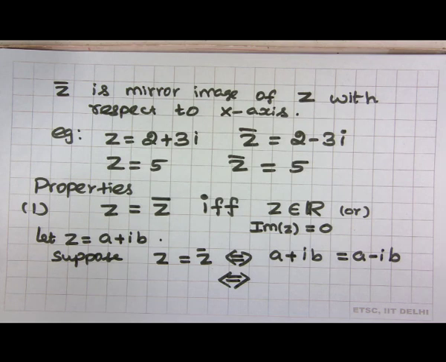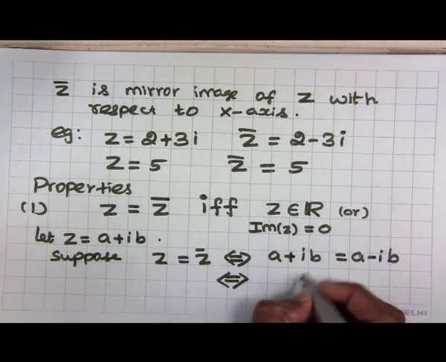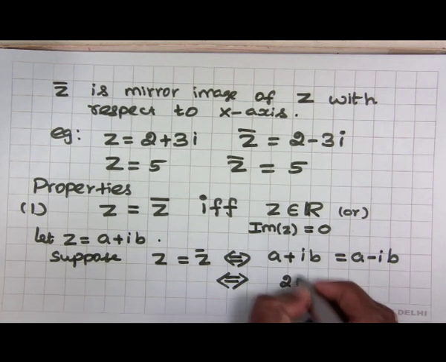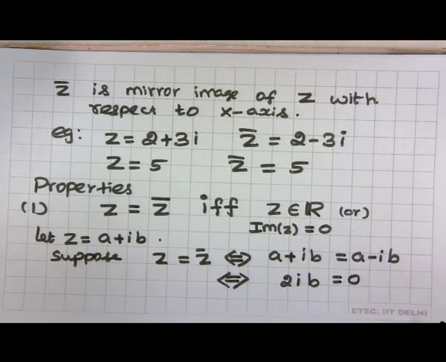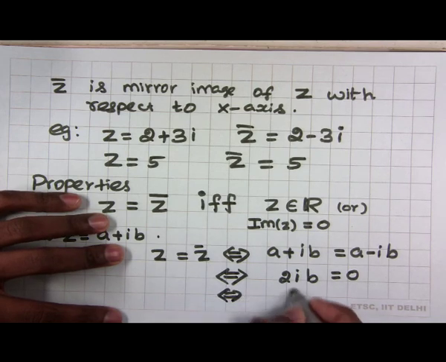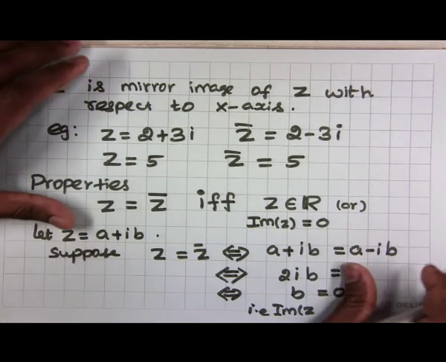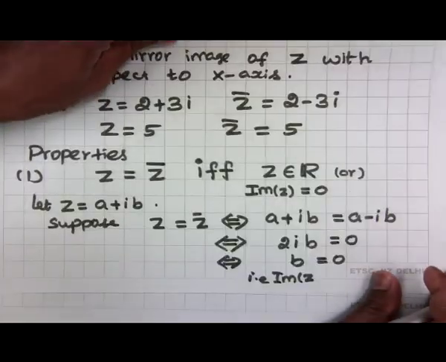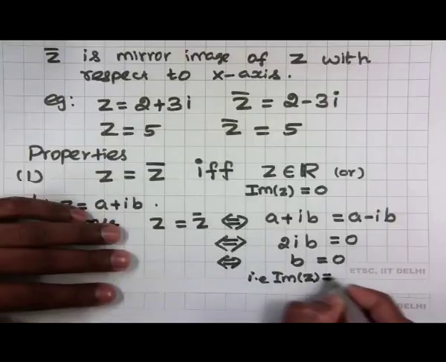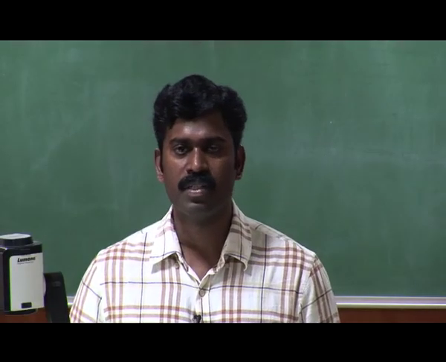The first components are anyway equal, so, by the field axiom you can cancel a, and what you get is 2 times ib equal to 0, and this happens if and only if b is 0, that is nothing but the imaginary part of z is 0.